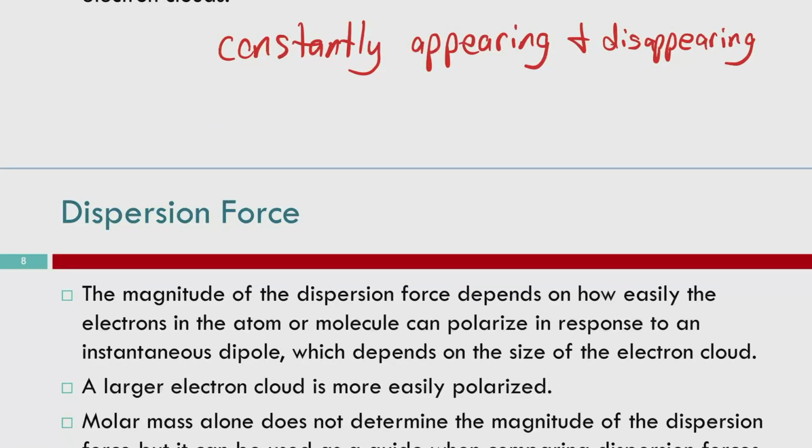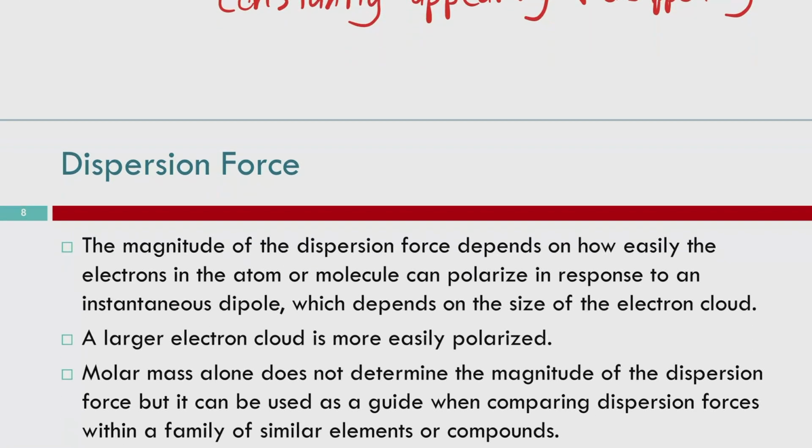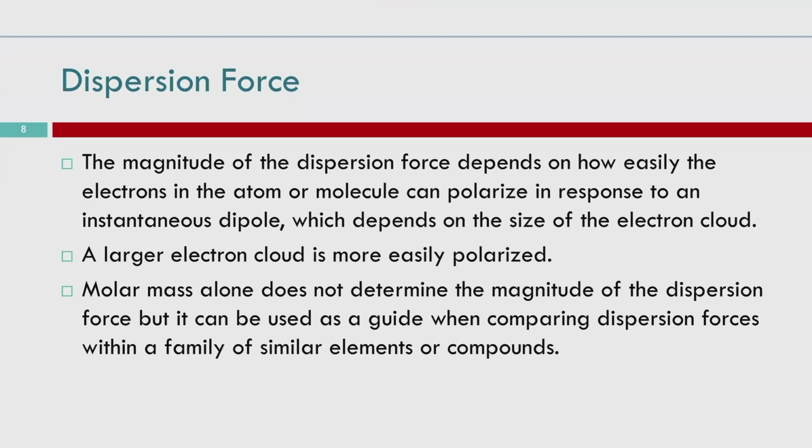Some factors play a role in how strong the dispersion force is. The magnitude or strength of those dispersion forces depends on the electrons in the atom. If they can easily be pulled over, if they can easily be moved around, then it's going to be easier to induce that partial positive, partial negative charge.